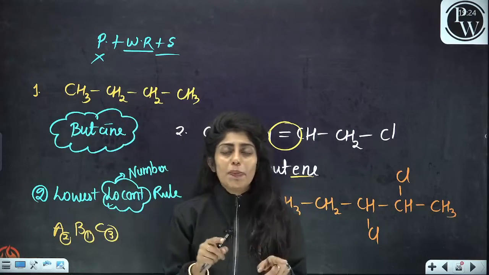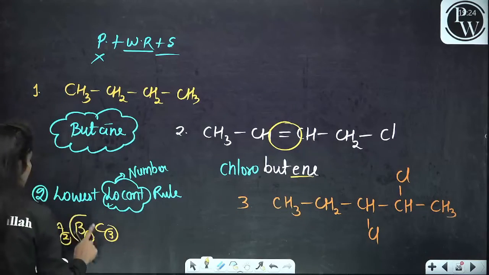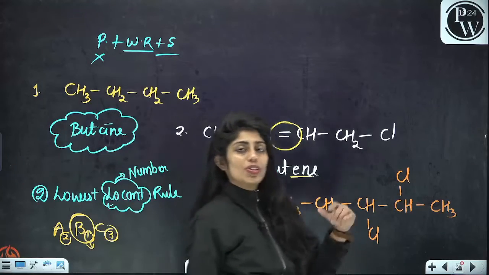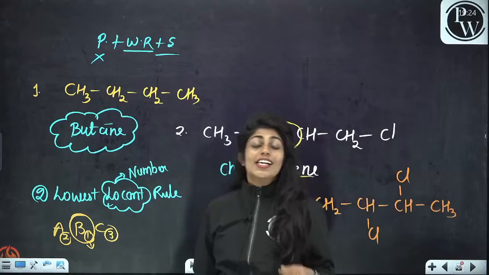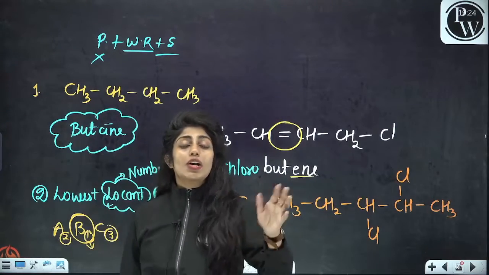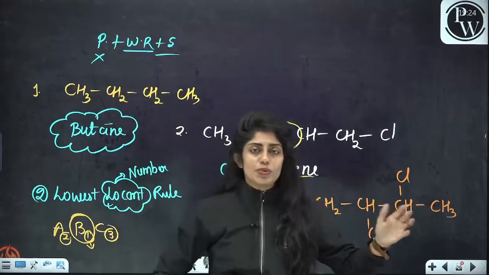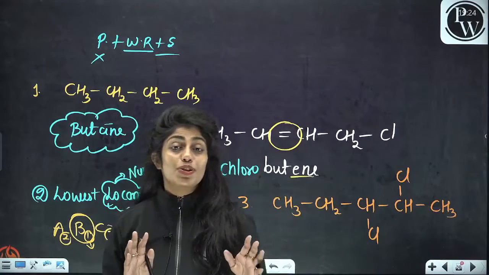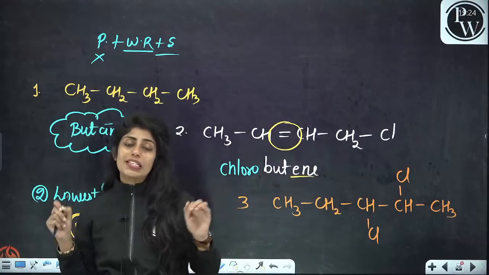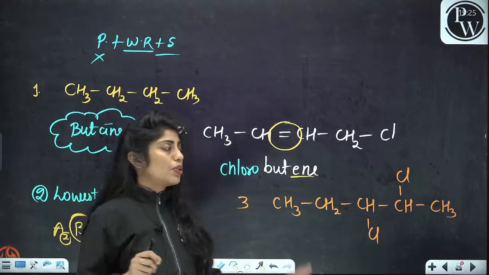So, your preference is given to B, which is the lowest number. Give the lowest number to your favorite one. So, for the functional groups, the prefix or the suffix, whatever kind of functional group we are going to have, you have to give them the lowest possible number.